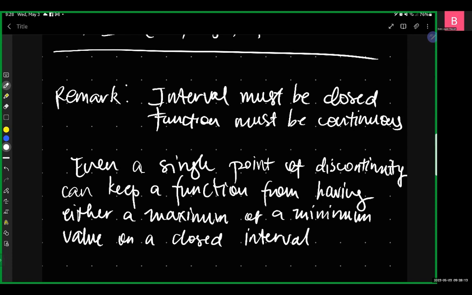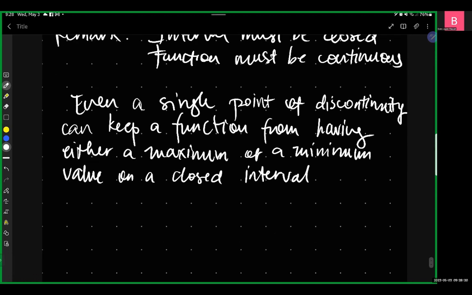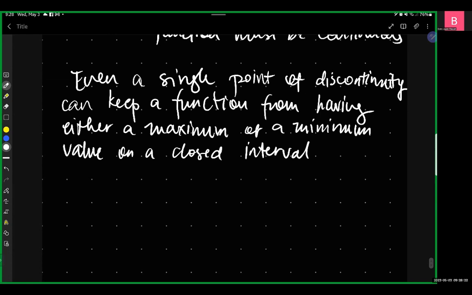So we call that a point of discontinuity. And this point of discontinuity can cause us not to find any maximum or minimum value, no?